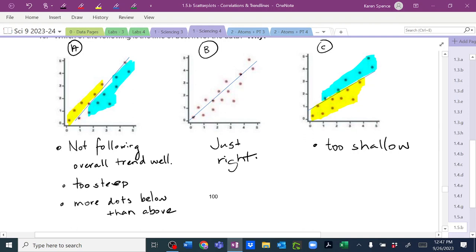Do you guys remember what the P stands for? Process. And then O? Oriented. And then the G stands for?